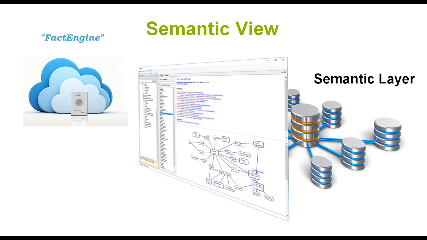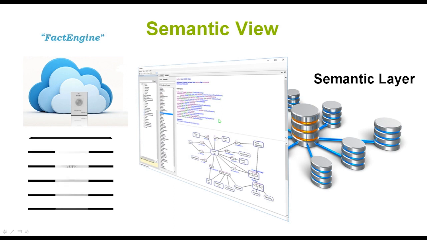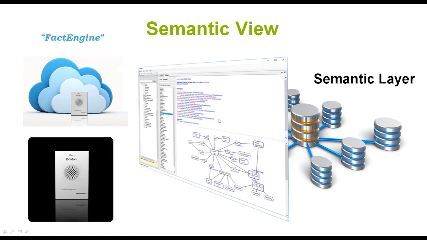FactEngine and our core product Boston is a web-based offering that can also be run in an intranet or an extranet on premises, and we also offer a desktop-based conceptual modeling solution that incorporates the FactEngine query engine. And it's this area we want to focus on predominantly, the semantic view over your semantic layer.